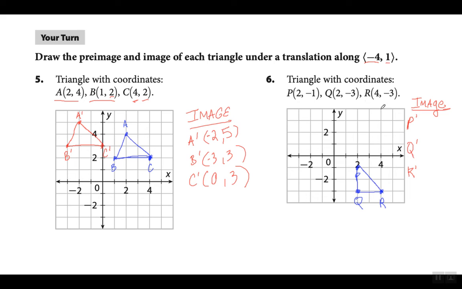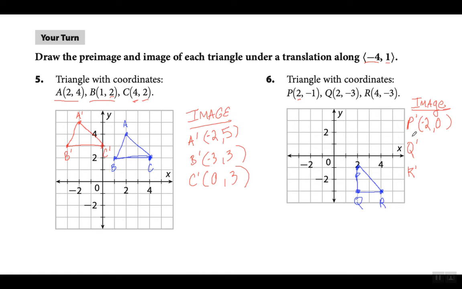Okay, so for P prime, the vector says whatever x is, you got to subtract 4 from that number. Since x is 2, I got to do 2 minus 4. 2 minus 4 is negative 2. And whatever y is, I got to add 1 to that number. Negative 1 plus 1 is 0.